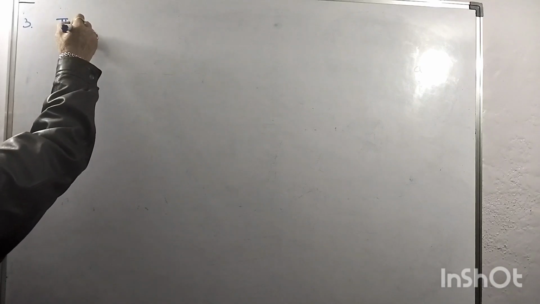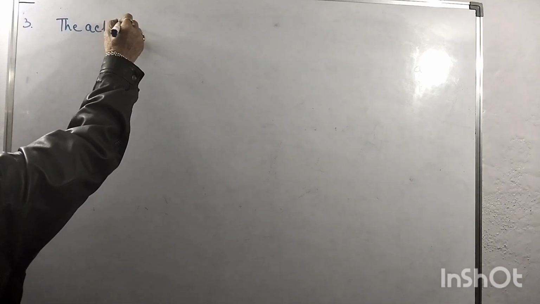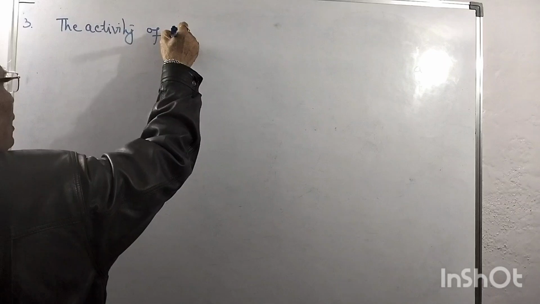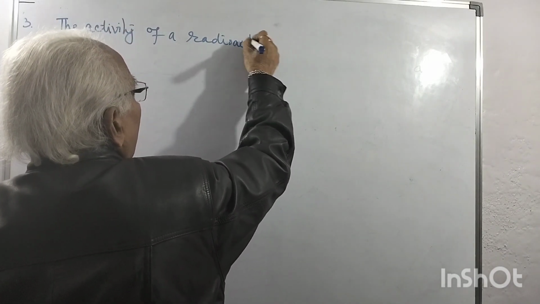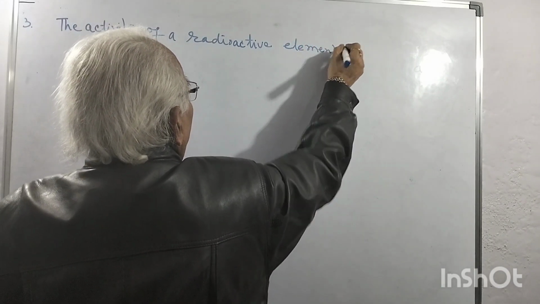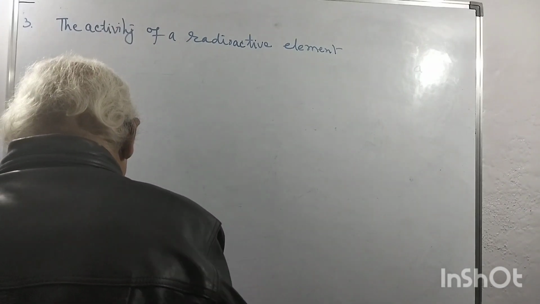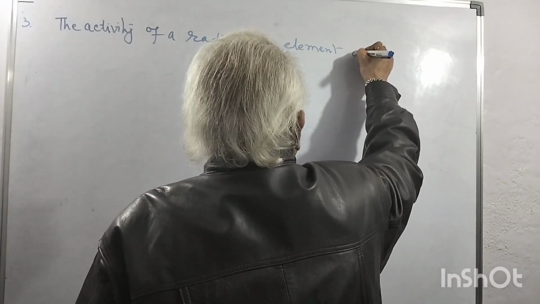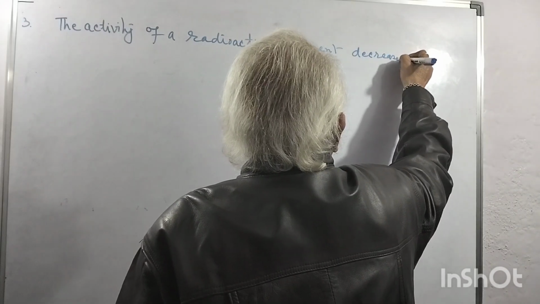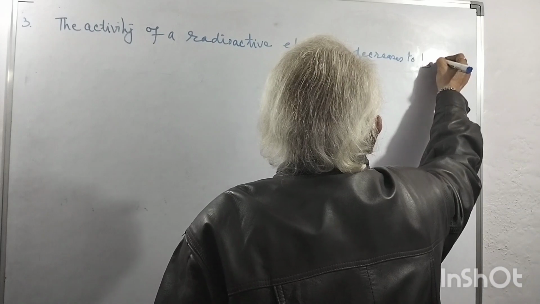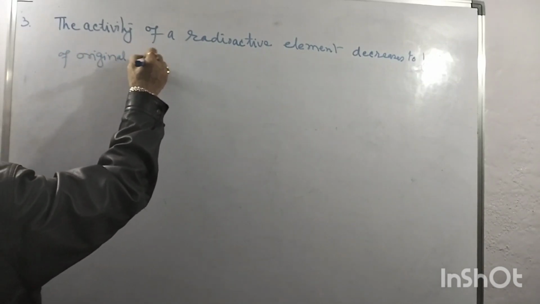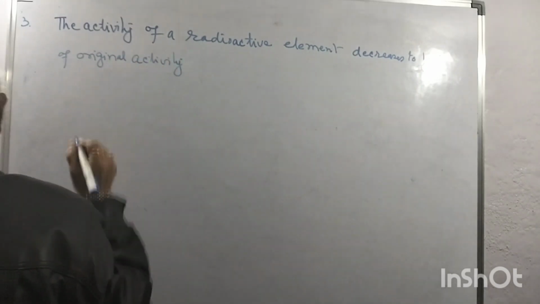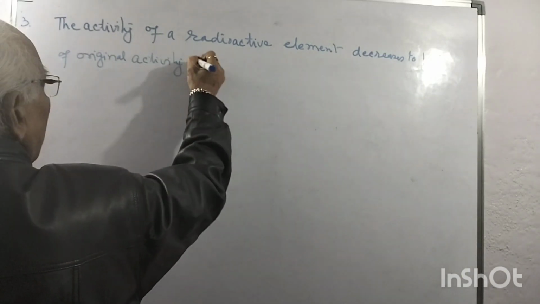Question 3: the activity of a radioactive element decreases to 1/3 of original activity. Good. The activity of that is A naught.